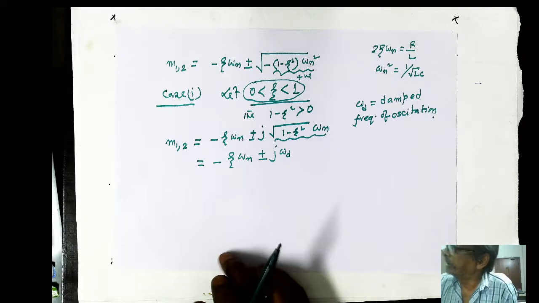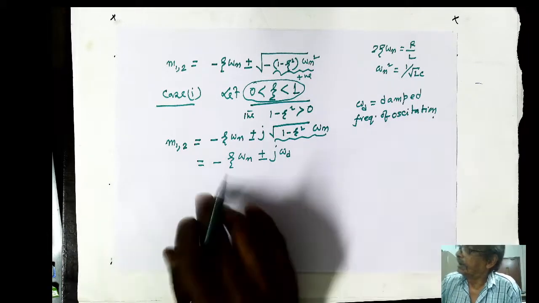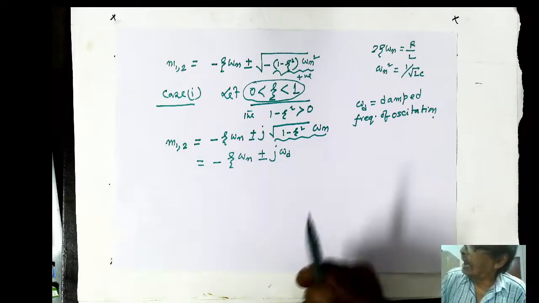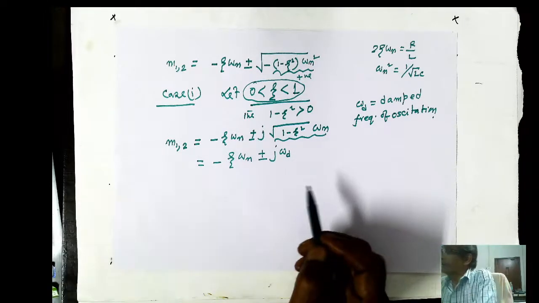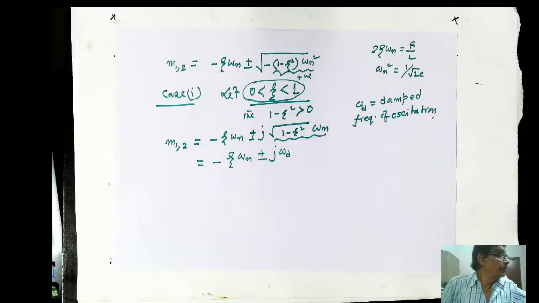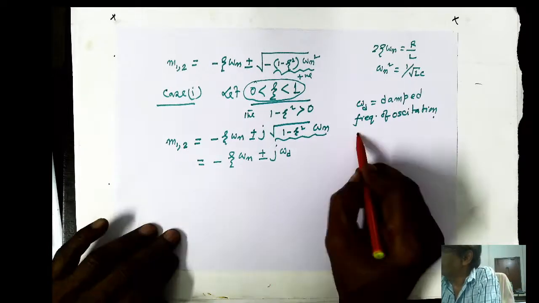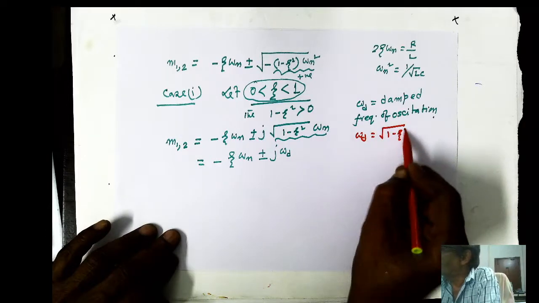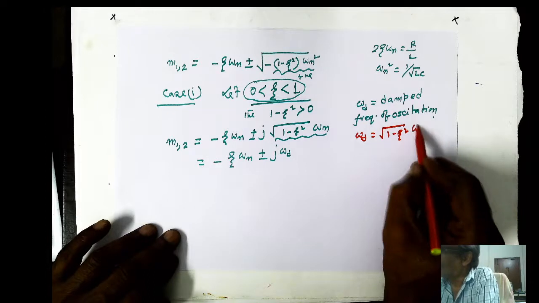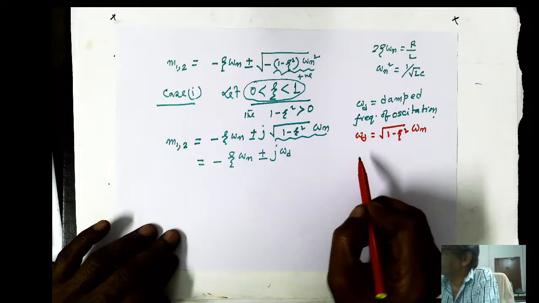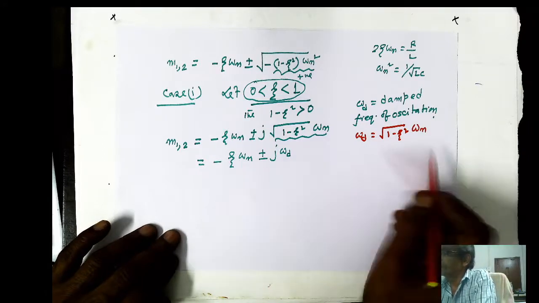So this will be a real part and plus minus j omega d. And you can see that omega d I have written to be root over 1 minus zeta square into omega n.